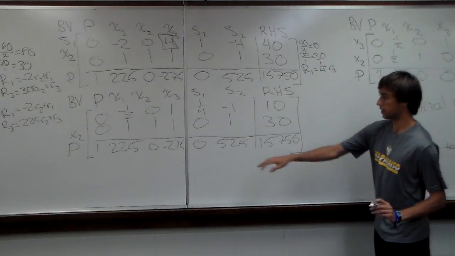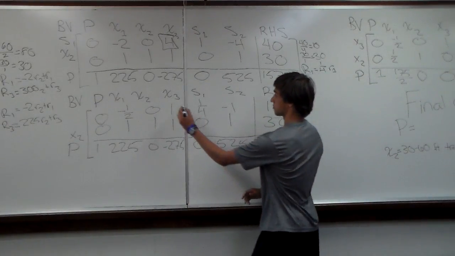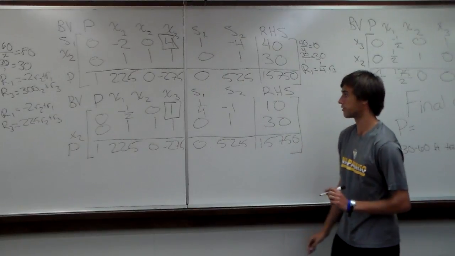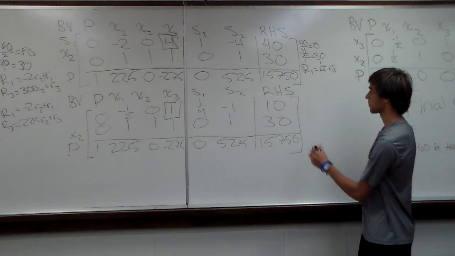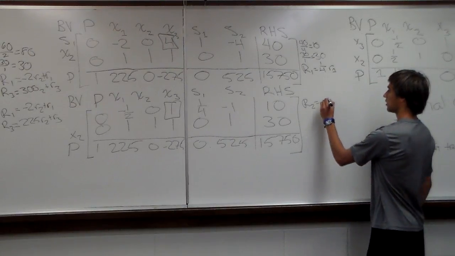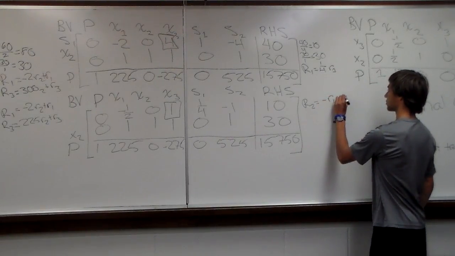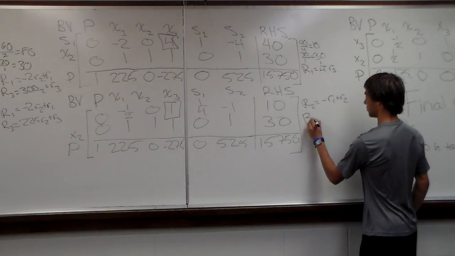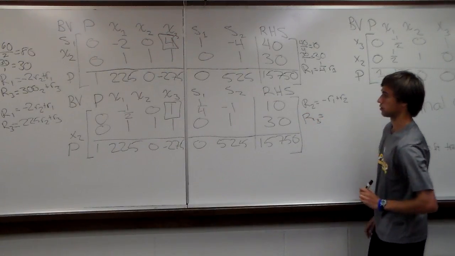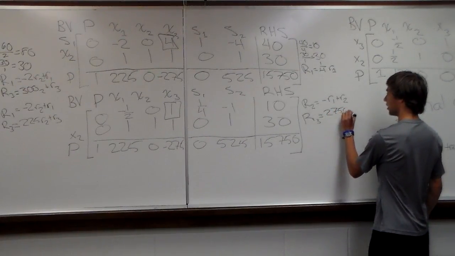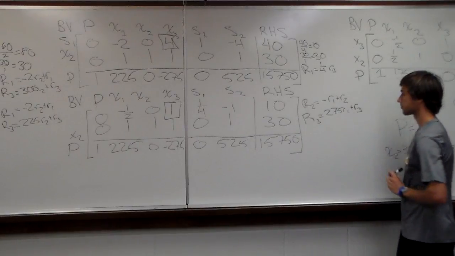So as you see, we need to get rid of this 1 because we're still pivoting along here, and we need to get rid of that negative 275, so we want those both to be 0. So that means row 2 is now going to become negative row 1 plus row 2, and row 3 is going to become 275 row 1 plus row 3.